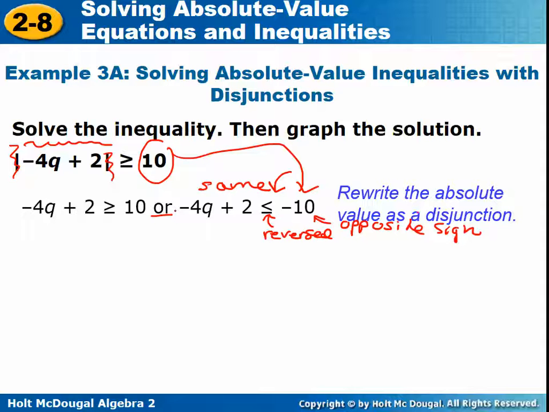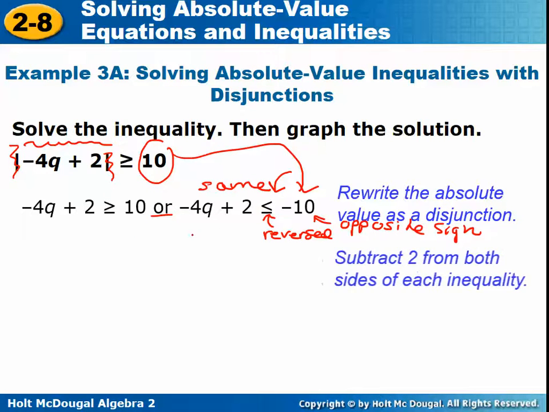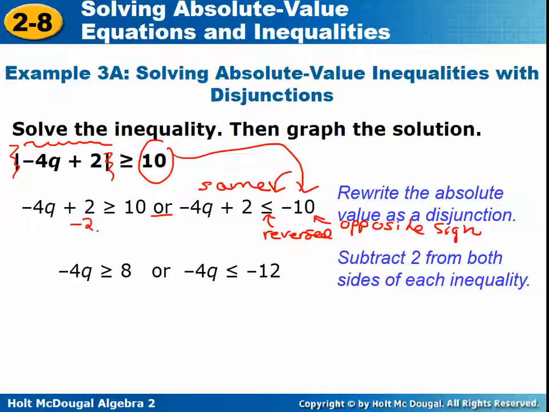Now we solve both of these little inequalities just like you would have earlier. So in this one we would subtract 2, and we'd get negative 4q is greater than or equal to 8. And then in this one we would subtract 2, and we'd get negative 4q is less than or equal to negative 12. Then we'll divide both sides by negative 4.